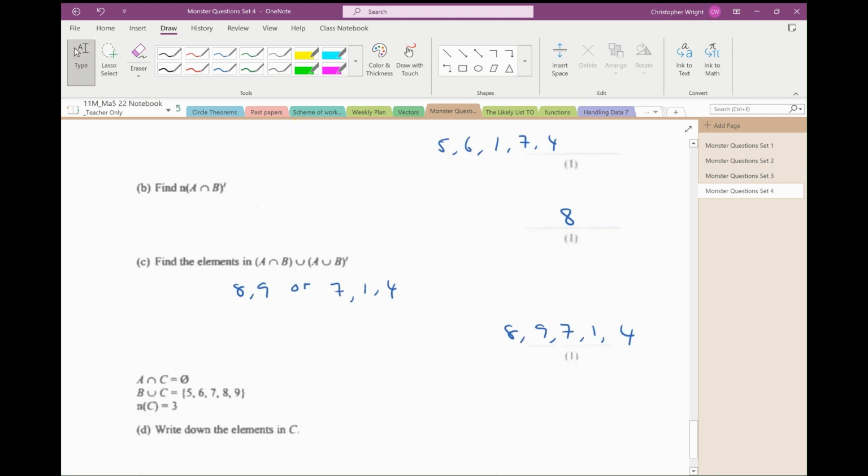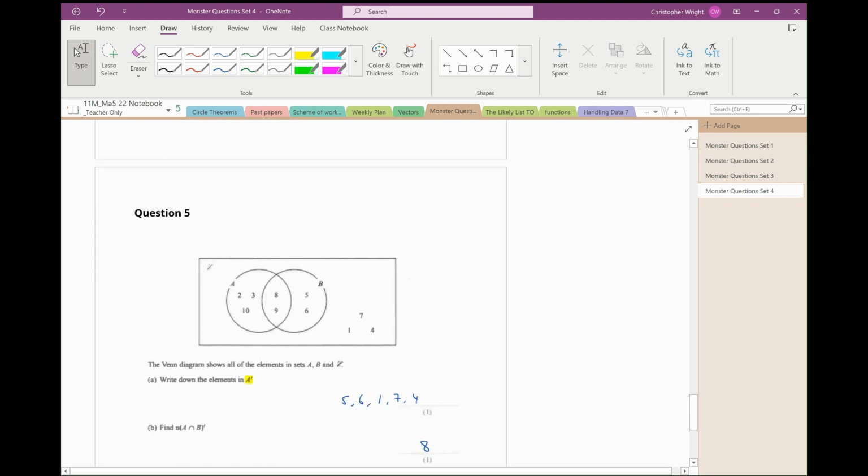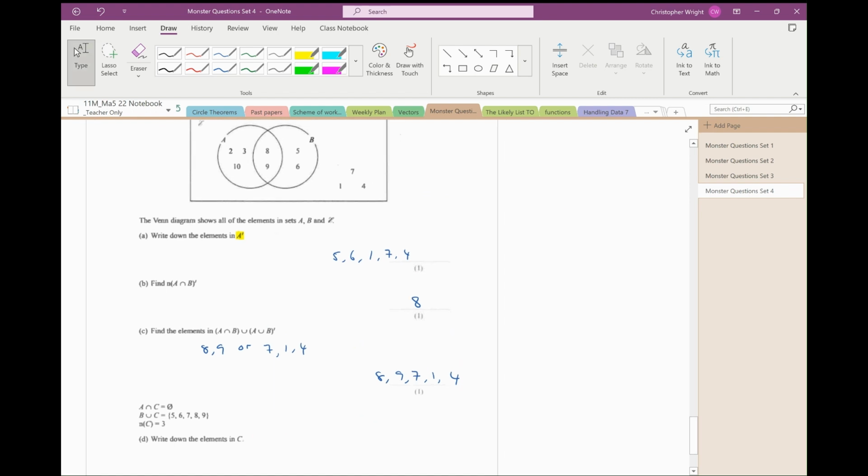Right, A intersection C is an empty set, so A and C have got nothing in common. All right, so C does not include any of the elements in A. They're in B union C, so either in B or C. Well, B or C is going to be those in B, 8, 9, 5, 6, and it was 7.